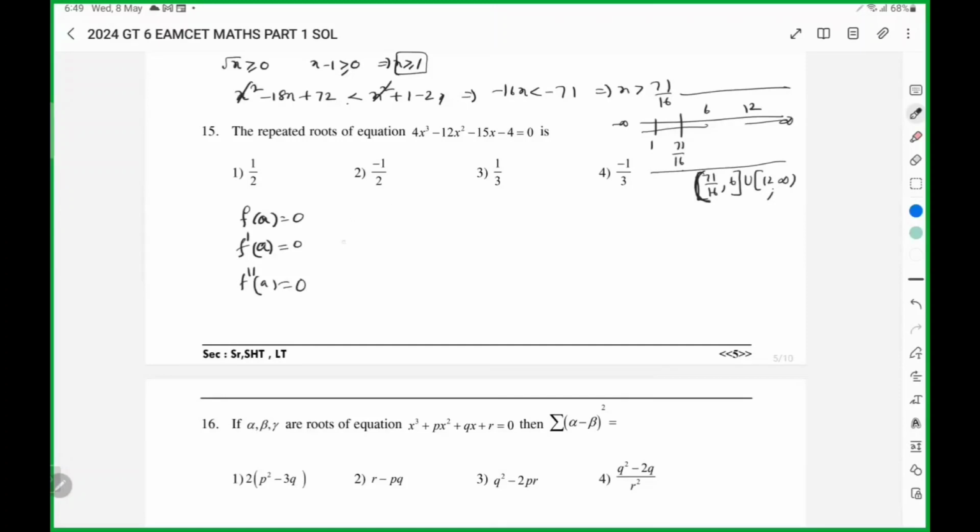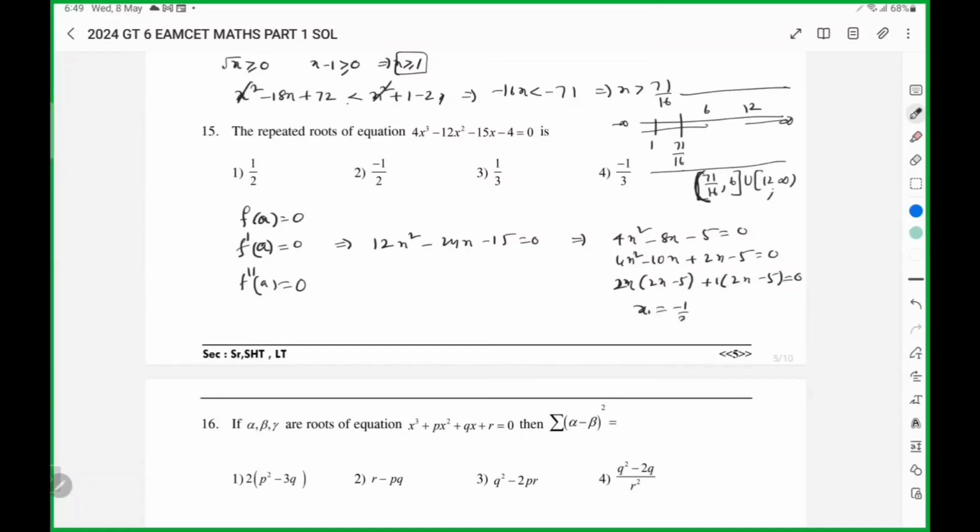F dash means 12x square minus 24x minus 15, equal to 0. If you take 3 common, 4x square minus 8x minus 5, 4x square minus 10x plus 2x minus 5. If you take 2 common, (2x minus 5)(2x plus 1). So x is minus half or 5 by 2.